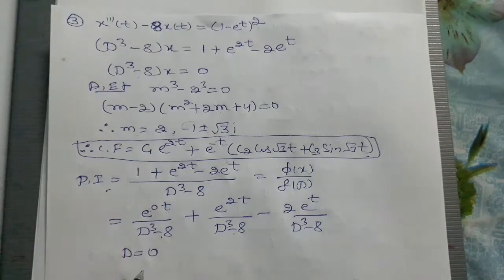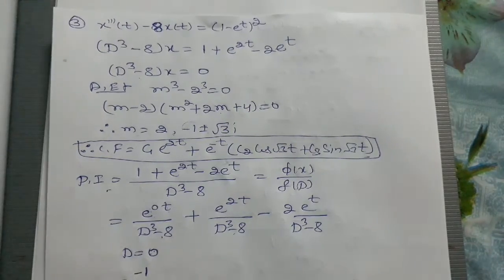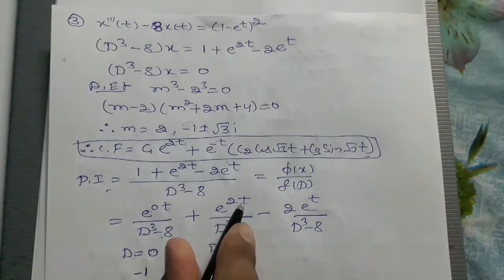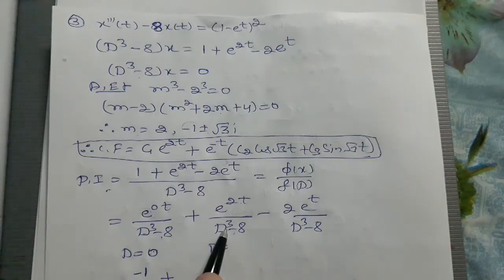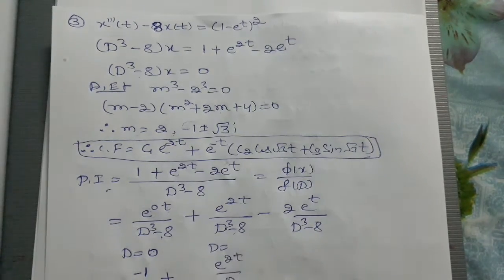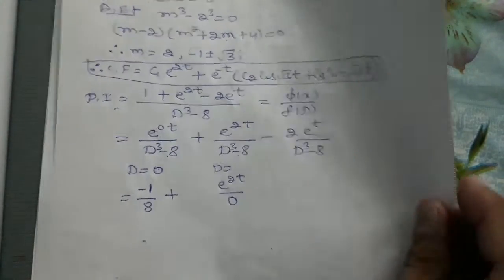So e to the power of 0 means 1, and if I substitute 0, minus 8 I'll get, so minus I'm writing in the denominator. Similarly, what am I going to replace in the second one? The coefficient of t is 2. If you replace 2 here, what do you get? 0. So e to the power of 2t by 0 I'll get. If the denominator is 0, what do you have to do then?